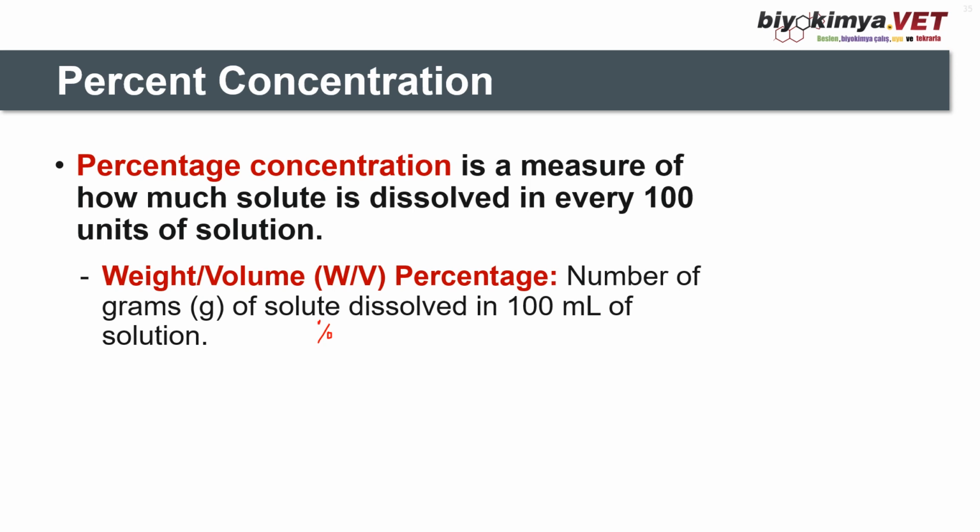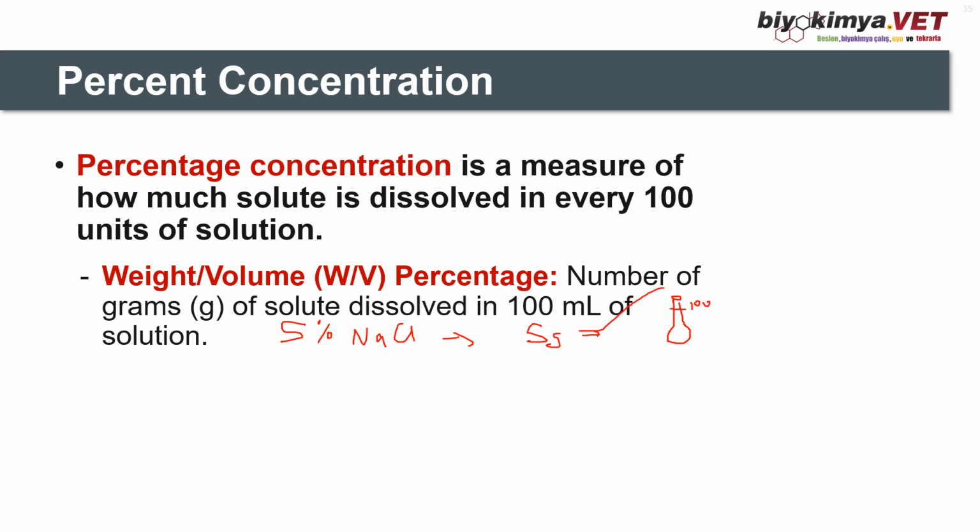For example, if I want to prepare 5% sodium chloride, I will weigh 5 grams and then get a volumetric flask of 100 milliliters.